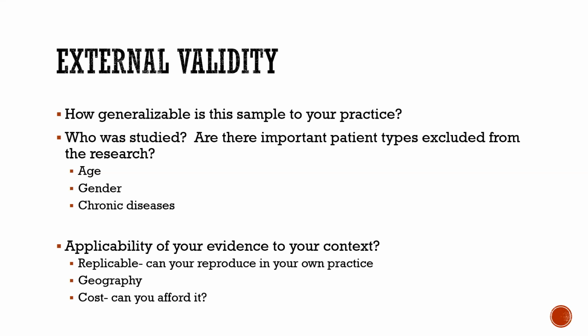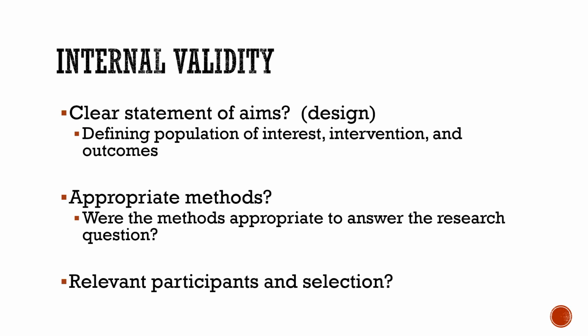In addition to the external validity, it's important to consider the internal validity. And this is the actual validity of the results or the way the study was done. Are there clear statements of the aims in the research? Is the design clear? Is the population clearly defined? Is there an intervention that's defined?